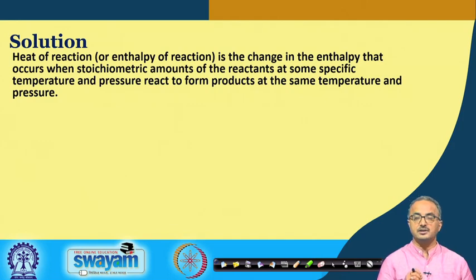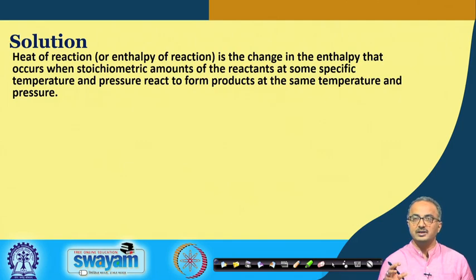Now, it is very important to note that in general, whenever some reaction takes place, there could be changes in both the temperature and the pressure. However, when we are reporting the heat of reaction, we have to see that the temperature and pressure conditions for both the products and the reactants are the same.